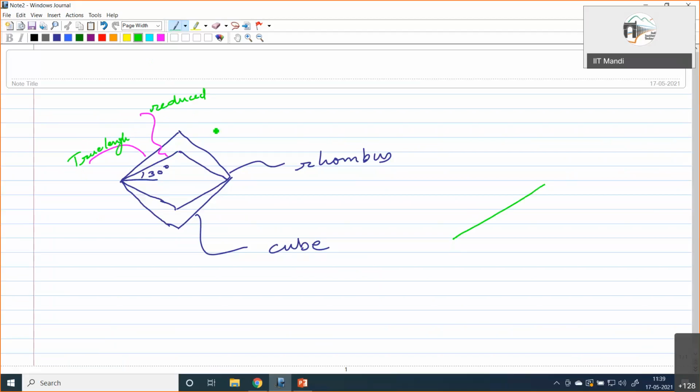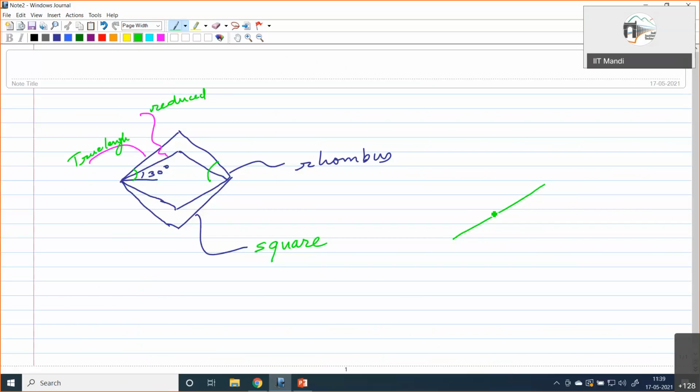If, say, this one is a cube, oh sorry, it's not a cube. This I should call a square. Sorry. Yeah, this is a square. So now if this is a square, then what will happen? This inclination will be 45 degrees, right?